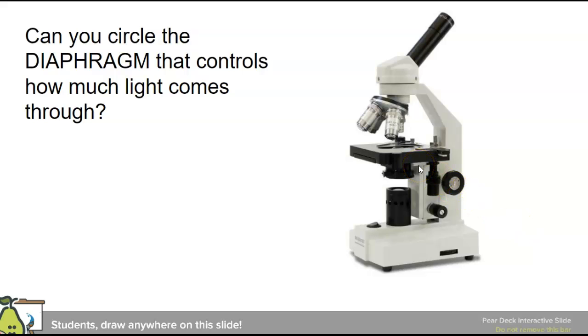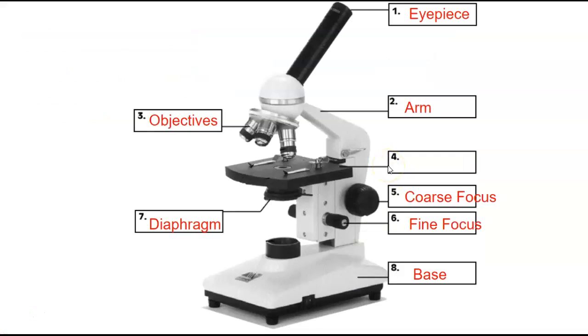All right, then we have something called the diaphragm. It controls how much light comes through. So the diaphragm is underneath here. And so we're going to label that. The diaphragm's here. You can see there's this little piece here. That's like a slider. It slides to let in more or less light.